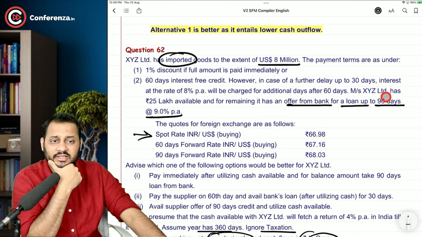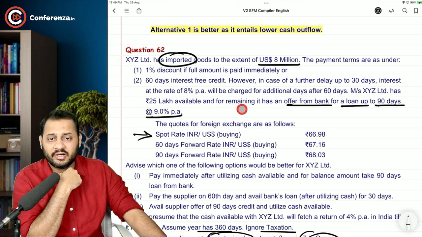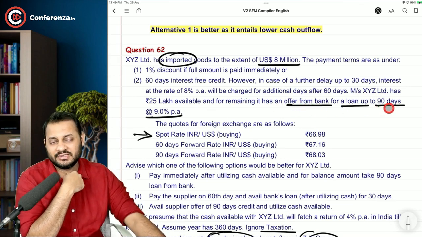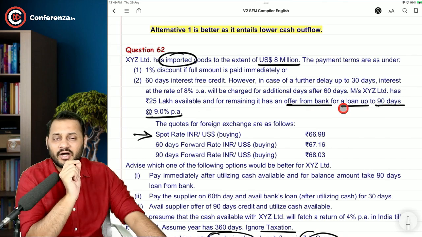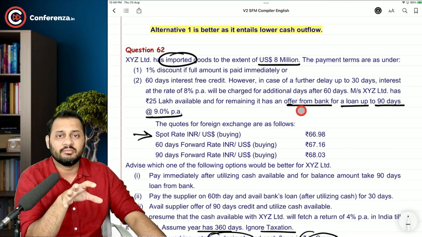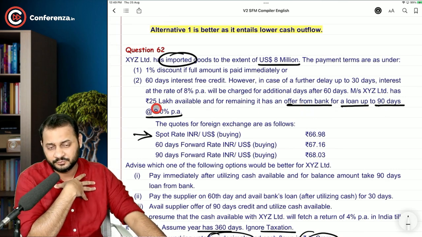Messrs XYZ Limited has 25 lakh rupees available, and for the remaining it has an offer from the bank for a loan up to 90 days. See, we are not required to take the loan for the entire amount. We can use the 25 lakhs that is available with us.